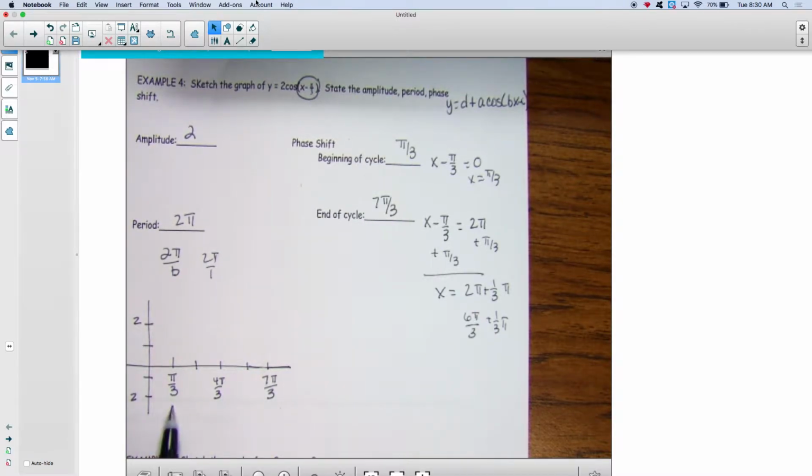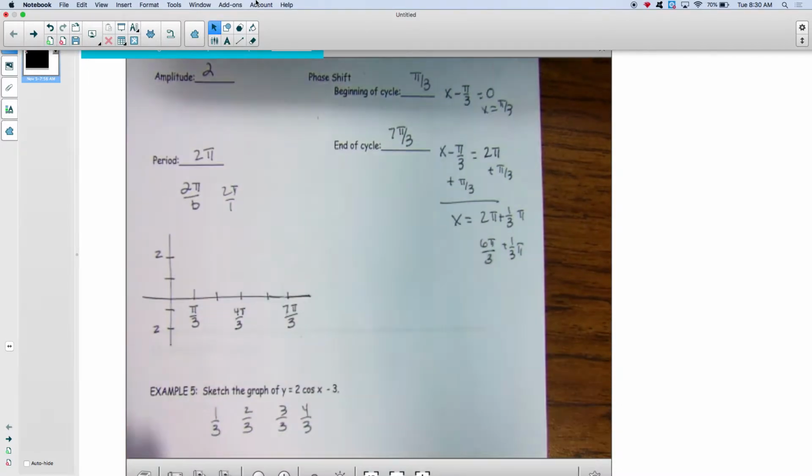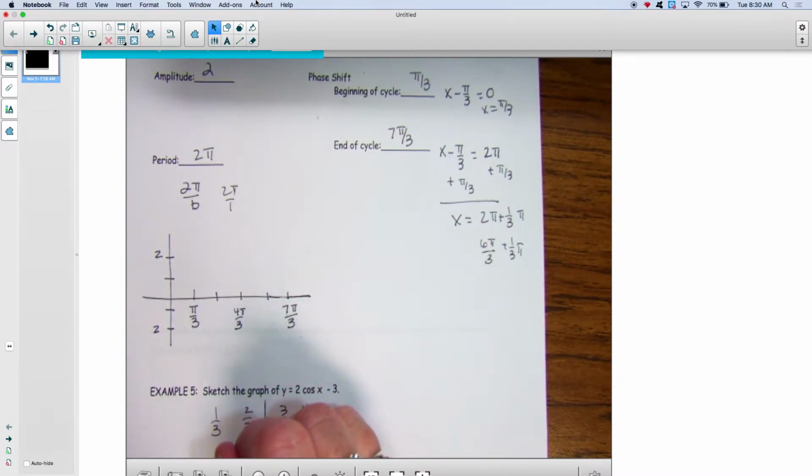Now what's between 1/3 and 4/3? We've got 1/3, 2/3, 3/3, 4/3. What's halfway between them? 5/6. This is 4/6. This is 6/6. So it's 5 pi over 6.